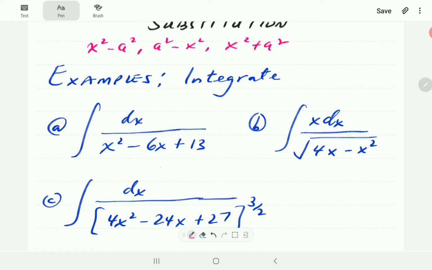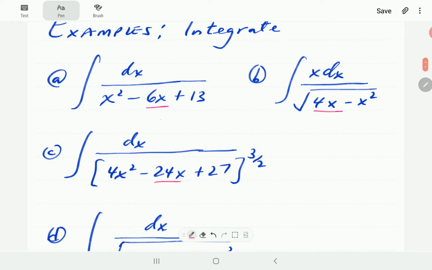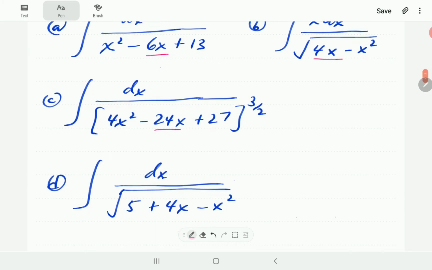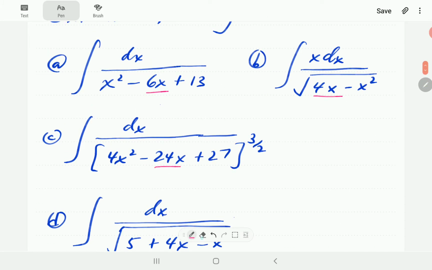Now what you're going to notice with the current quadratic expressions is that they are all either trinomial or the x term at least is there. Like this one has got only two terms, but you have the x squared term and the x term.